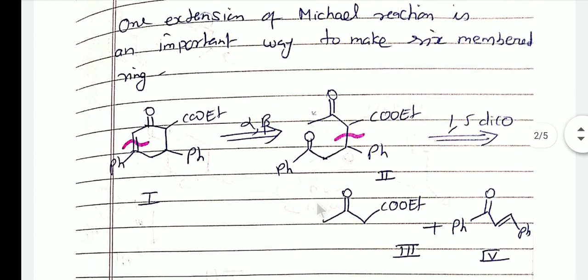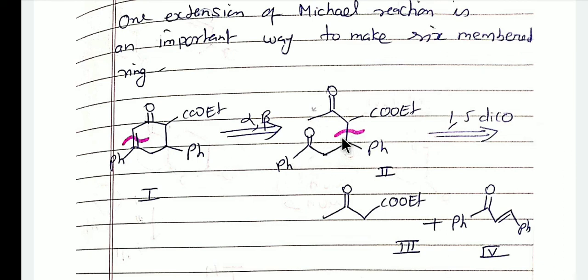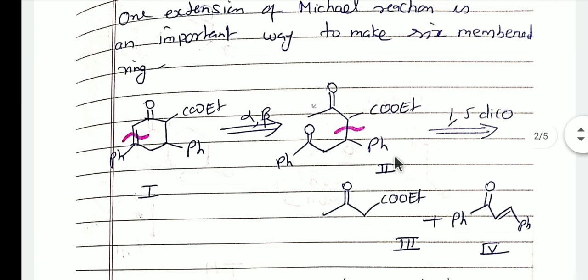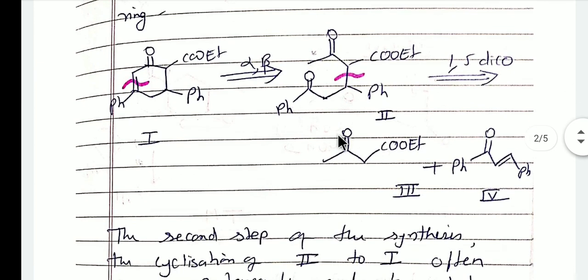This disconnection is called 1,5-dico because the two carbonyl groups are present at the 1,5 position, and the disconnection is carried out between the C3-C4 carbon atoms. So 1,5-dico disconnection is carried out, and after disconnection we get two synthetic equivalents, third and fourth.